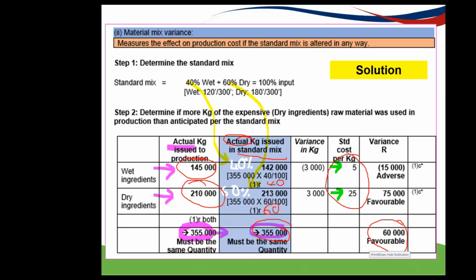And then in the dry ingredients, you were supposed to use 213,000 according to the standard, but you have used 210. So you've used less of that ingredient than you're supposed to use. That is a favorable variance. Now, if you add the adverse and the favorable, obviously the favorable is more. So the overall total will be a favorable variance.